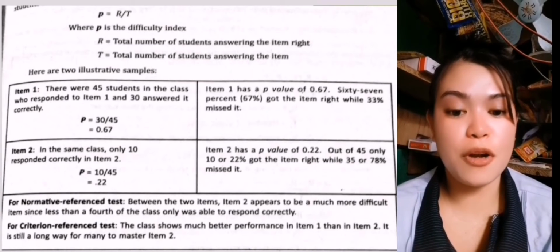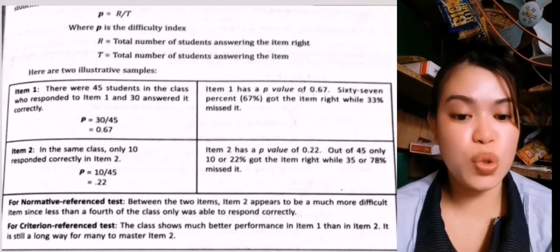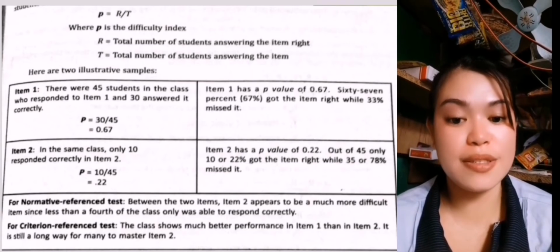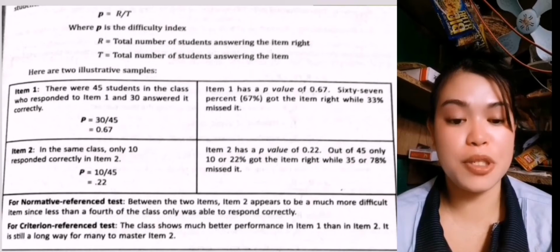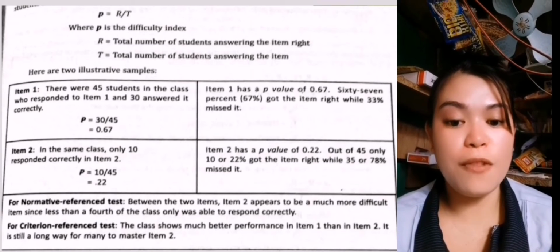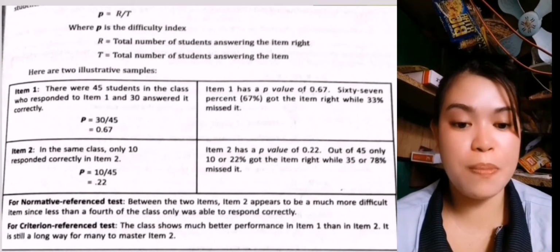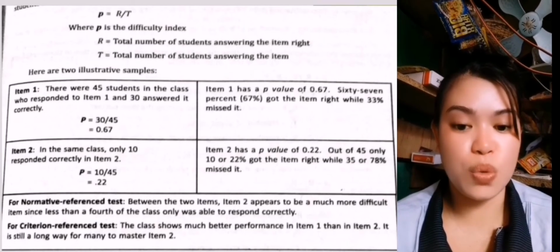So for a norm-referenced test, between the two items, item 2 appears to be a much more difficult item since less than a fourth of the class was able to respond correctly. While for a criterion-referenced test, the class showed much better performance in item 1 than in item 2.